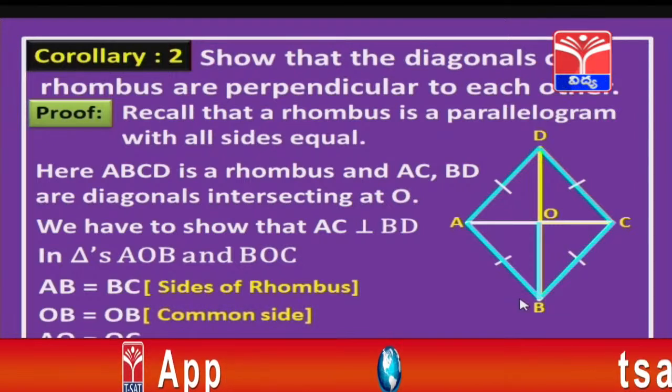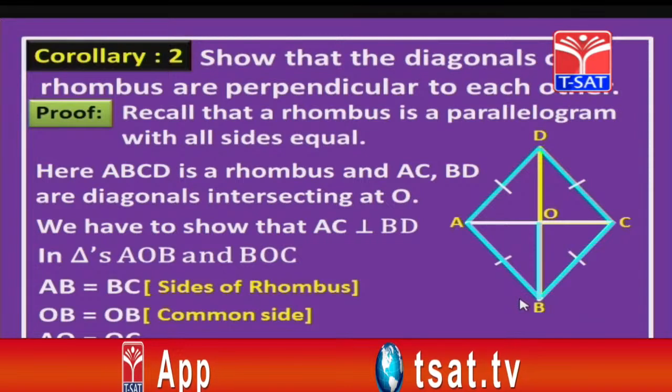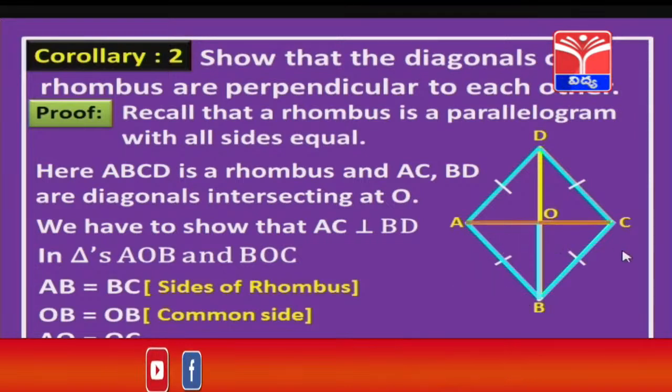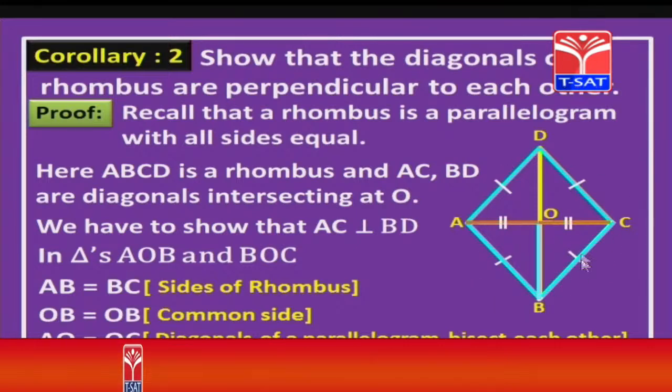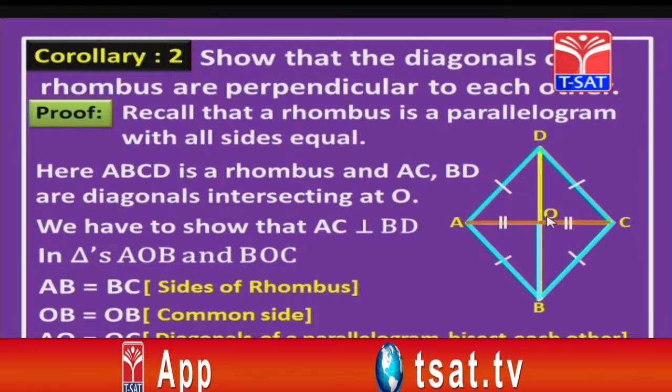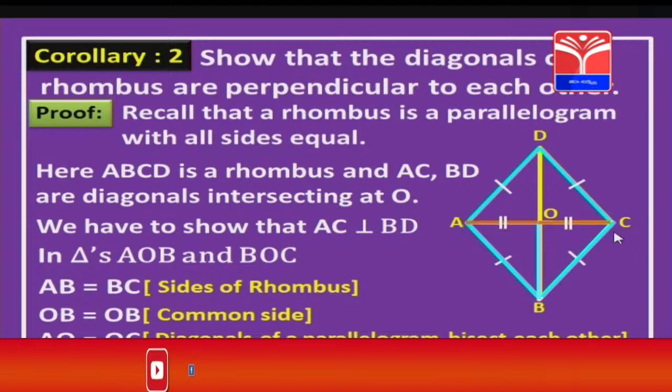Then next, if we consider AO and OC, these two parts are also equal. But why are these two parts equal, children? Yes, the diagonals of a parallelogram bisect each other. Your rhombus is nothing but a parallelogram, right? So, the diagonals bisect each other, that means O divides AC into two equal parts. So, OA and OC both are equal.